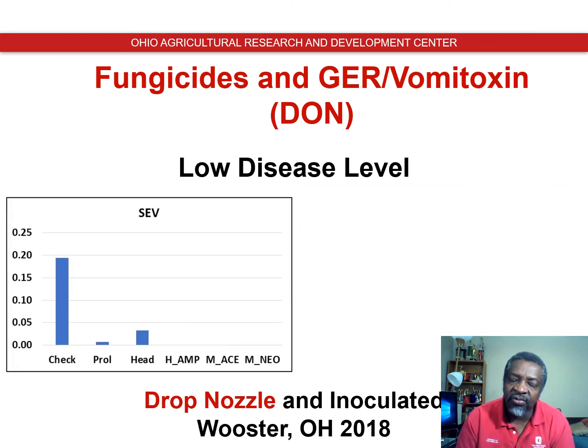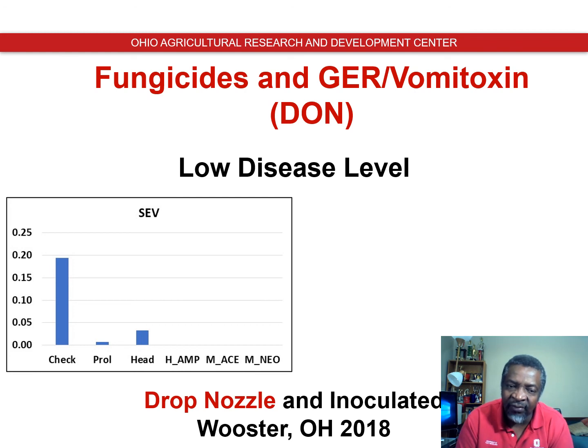Here are some more results from a second trial, this time with much lower levels of disease, in terms of the efficacy of the same 5 fungicides against Gibberella ear rot and vomitoxin. The first trial with the higher levels of disease was conducted at South Charleston. This trial was conducted in Wooster. Again, all plots were artificially inoculated. The untreated check in this case had less than 0.2% of the ear covered with visual symptoms.